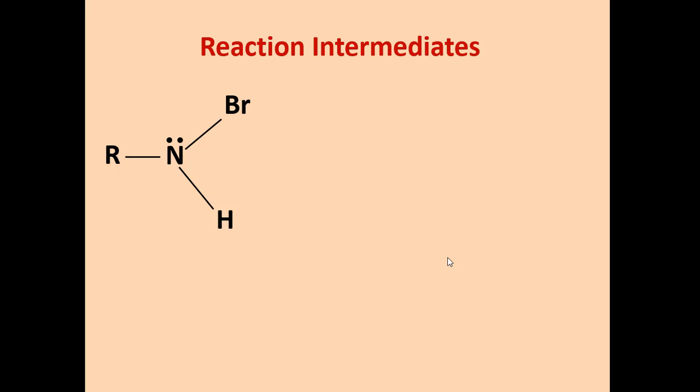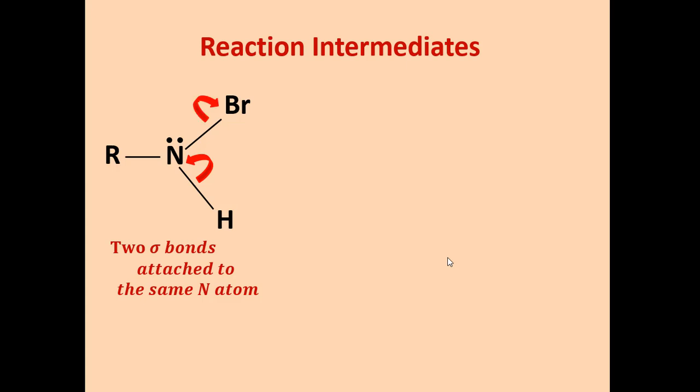Nitrogen carries a lone pair, and here the nitrogen atom is attached to at least two sigma bonds to the same nitrogen. Under these circumstances, the nitrogen hydrogen bond breaks and the two electrons are shifted towards the nitrogen atom. Already nitrogen contains a lone pair. Now you have a pair of electrons from the bond, and so you will have two lone pairs.